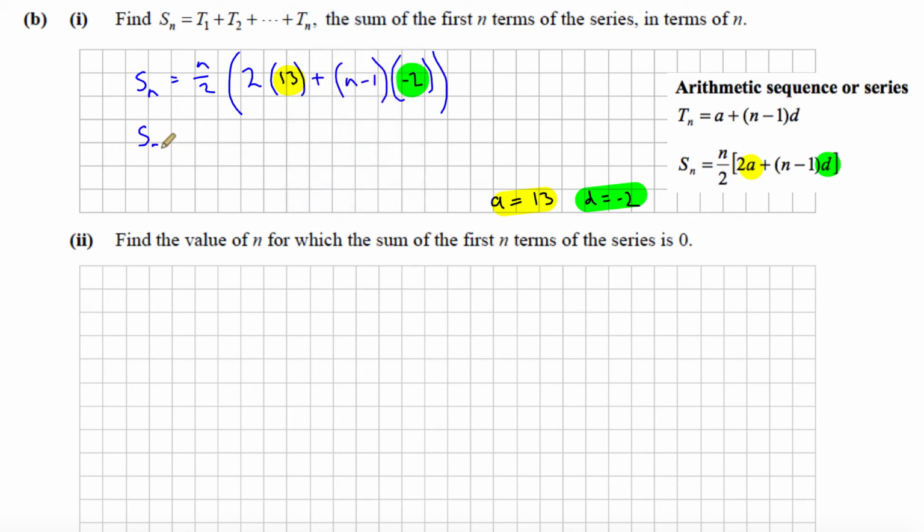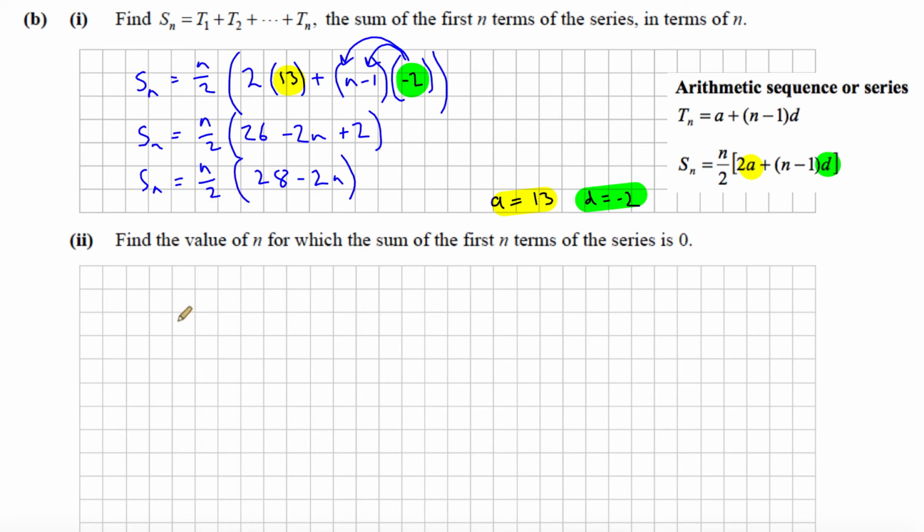I get Sn is equal to n over 2, bracket 2 13s is 26. Now the minus 2 gets multiplied by each of these terms here. Minus 2 by n is minus 2n. Minus 2 by minus 1 is plus 2. So I get Sn is equal to n over 2, bracket, the 26 and the plus 2 go together to give me 28 minus 2n. So that's Sn.